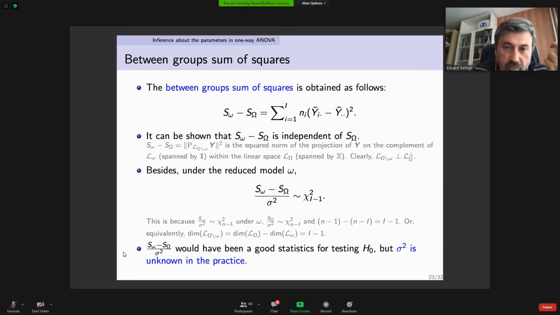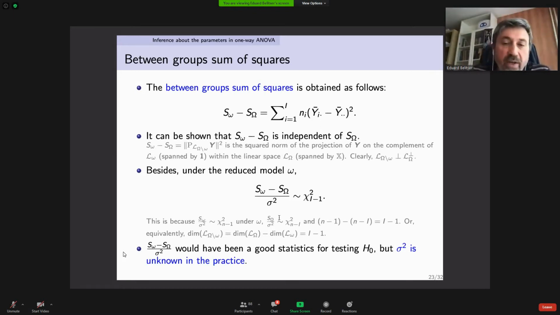So by subtracting S omega big from here, we're decreasing the number of degrees of this one. It used to be n minus 1, and that one is sort of a subset of that. So we just decrease some of those degrees, and it boils down to I minus 1. Okay, so now what?